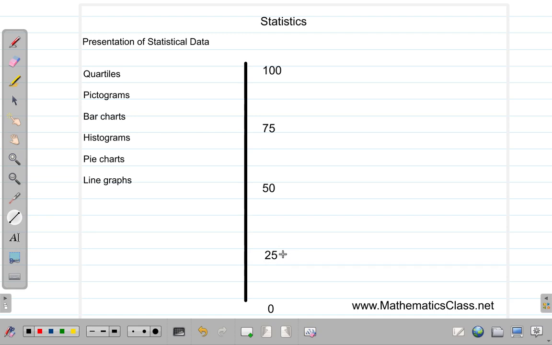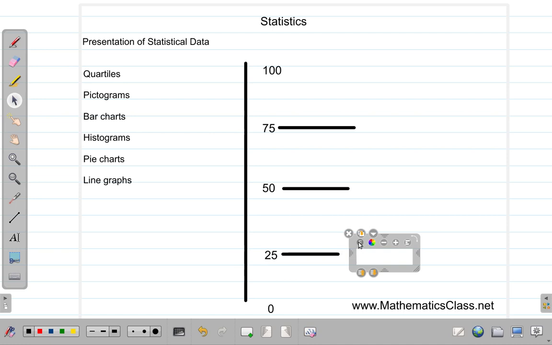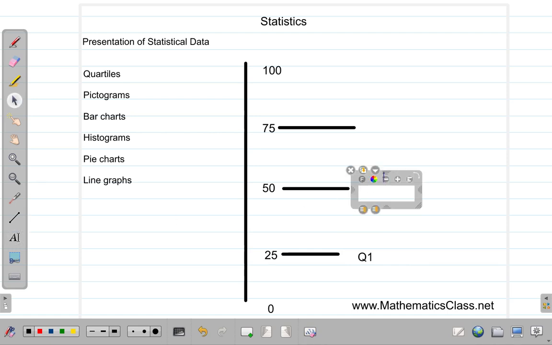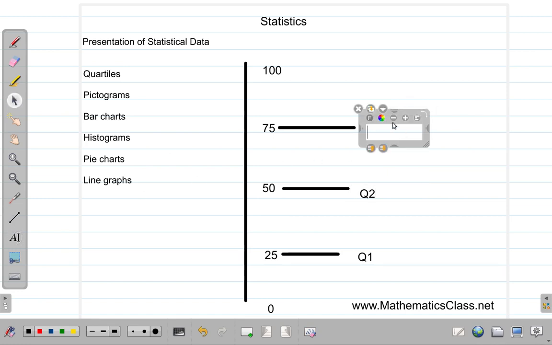Between 0 and 100 you have 1, 2, and 3. Now at 25% of the data, you call that Q1. That's quarter 1, which is the first quarter. Then at 50% you have Q2, second quarter, and at 75% you have Q3.